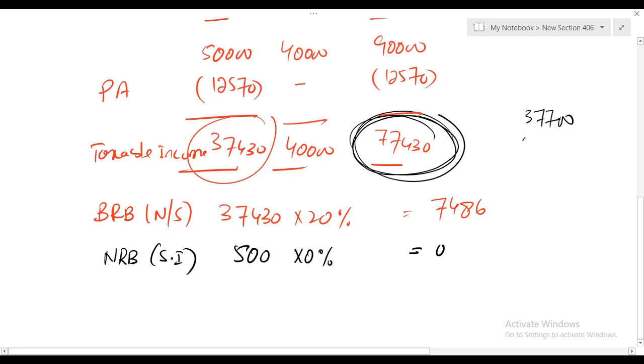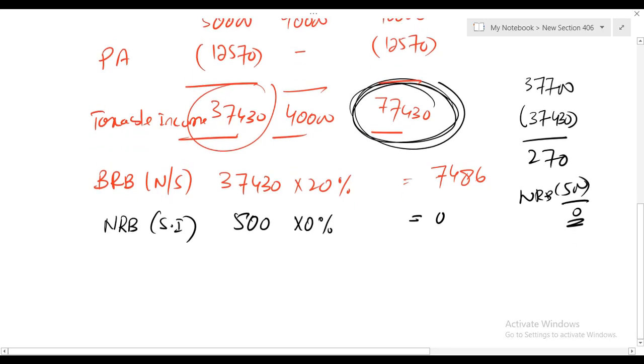First, we used 37,430 for non-saving income. Let's see how much space is left. Just 270, and we have used the nil rate band as well. So there is no space left in the basic rate band. Whatever comes now falls in the higher rate band.